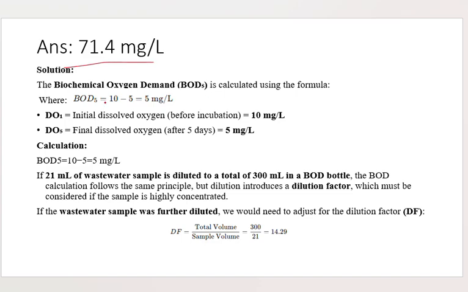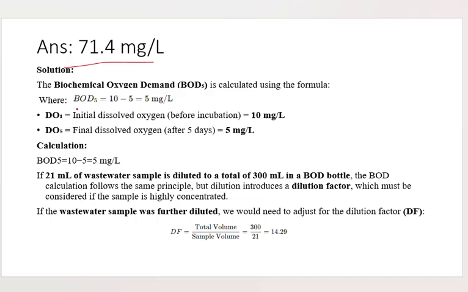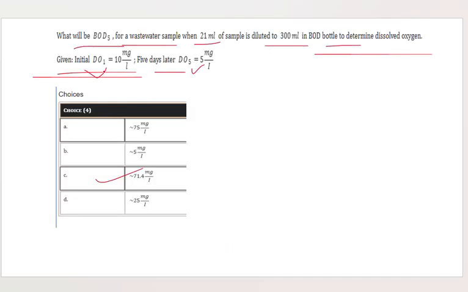I have mentioned the BOD formula earlier, using initial DO and final DO. Here we can use the same formula. Here, initial DO is 10 and final dissolved oxygen is 5.